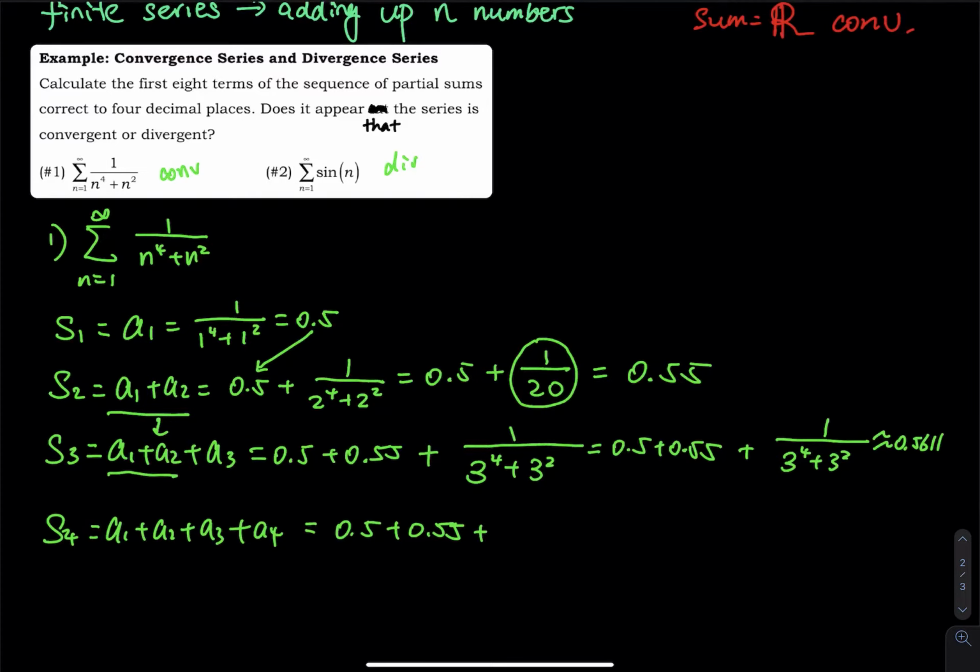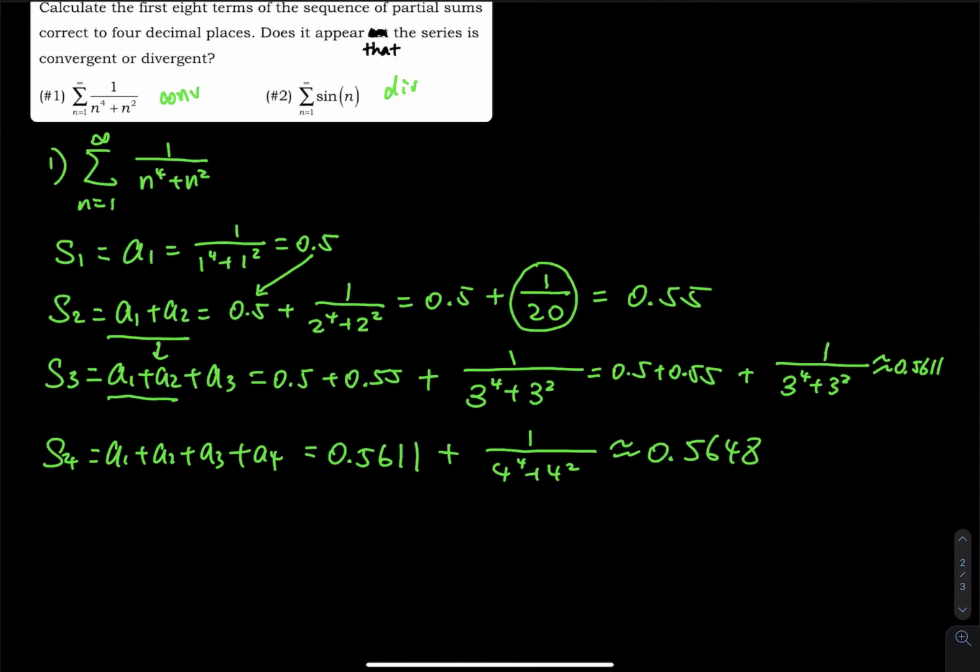So here is what I am trying to do. I will just take S3, which is 0.561111, and then add A4. So this is just plus 1 divided by, when n is equal to 4, 4 to the 4 plus 4 squared. That is approximately equal to 0.5648.